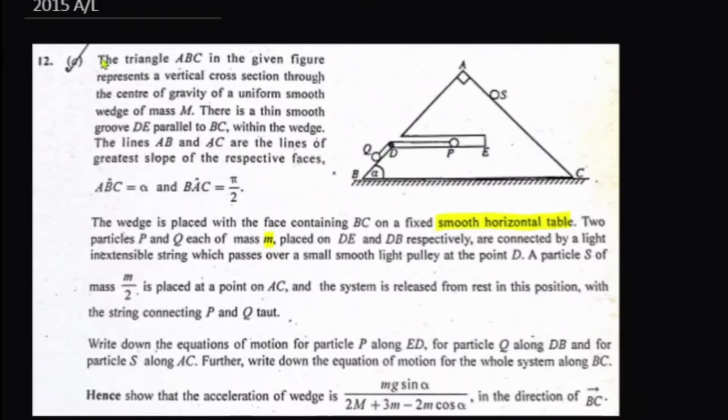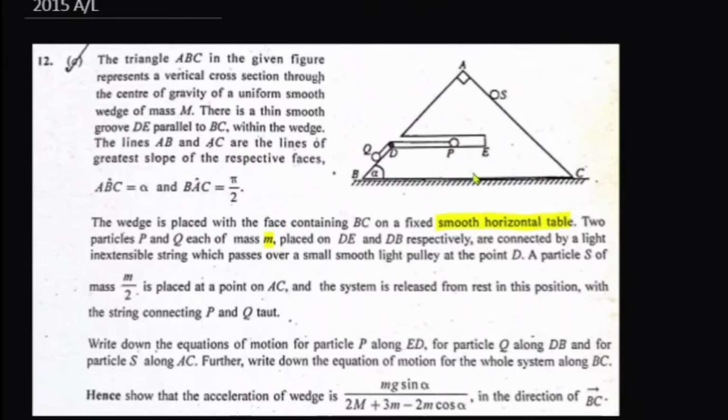So actually they have given a long passage here, right? You can read it up to this point, of course. It's just the explanation of the question. What they're simply saying is that there is a wedge placed on a smooth horizontal table.